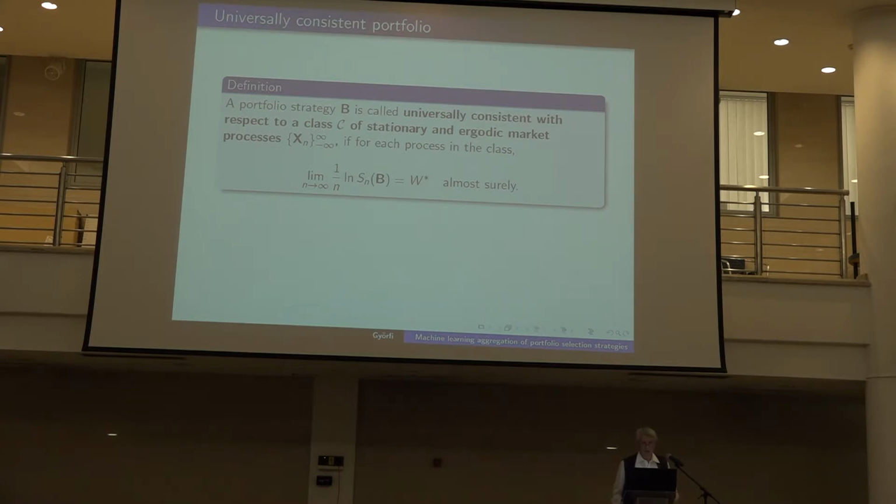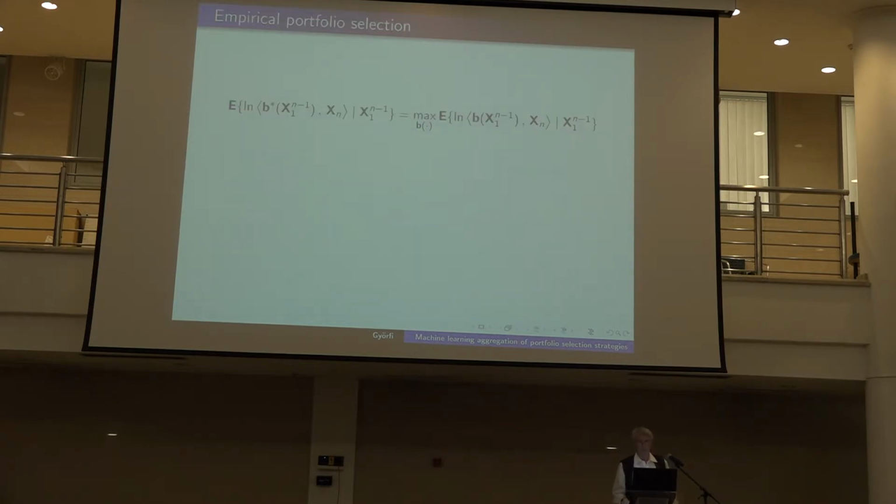The question is whether or not we can learn such a universally consistent strategy over a huge class of stationary ergodic processes. We don't assume any parametric model for the process, and the answer is yes. And the main aim of my talk is to present the idea of how to come up with such a strategy.